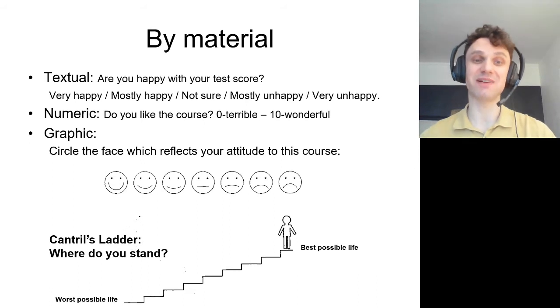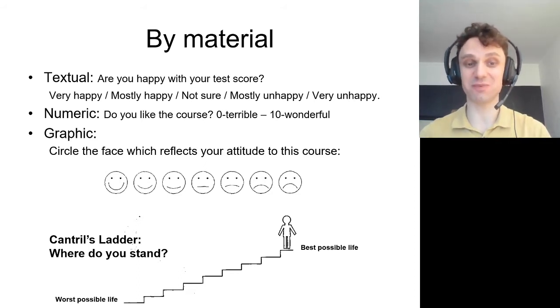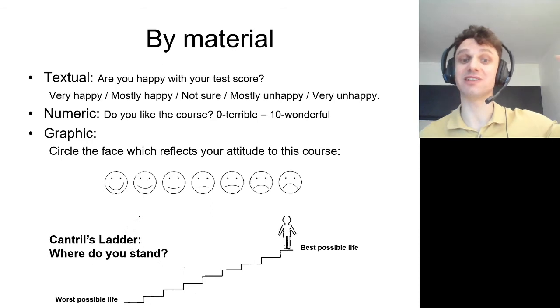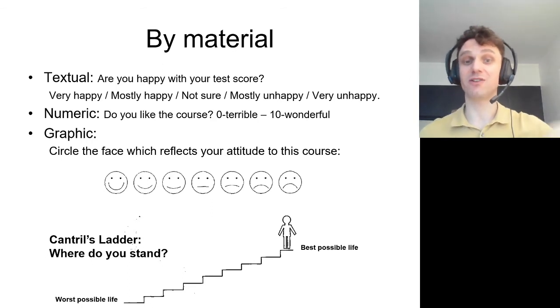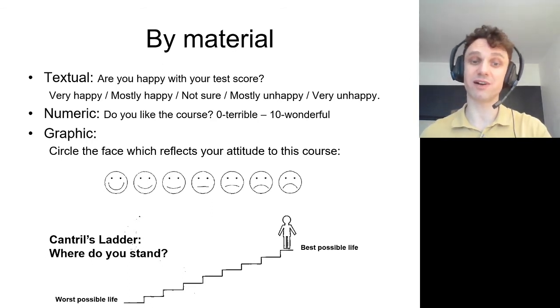Basically, this whole happiness report is based on a single item, the overall life satisfaction measured by Cantril's ladder. They show this ladder to people and they say, imagine that at the bottom is the worst possible life you can have, and at the top there is the best possible life you can have. Taken all things together in your life, could you please mark the step where you stand currently?